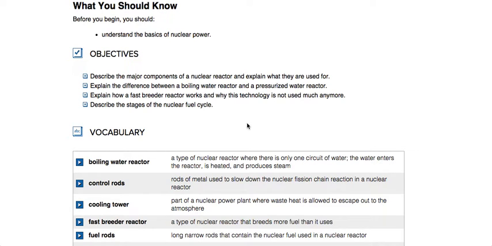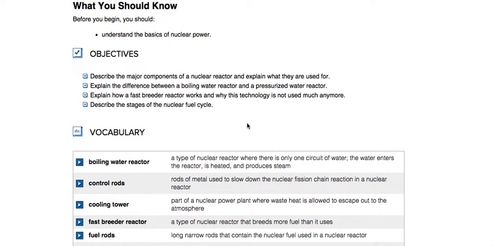When you look at what happens in terms of nuclear energy, obviously we have to talk about the reactor component. Reactors are nothing more than devices where chain reactions are initiated and controlled for the purposes of producing energy, for the purposes of producing electrical power.